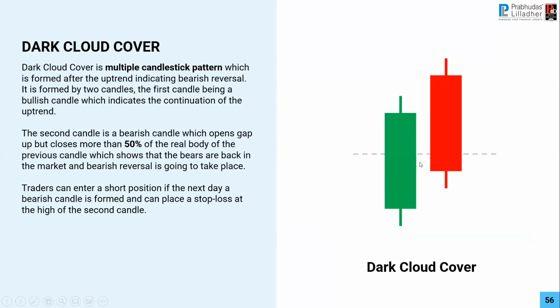So this is exactly what we studied yesterday. The reverse was bullish piercing, and the dark cloud is also called a bearish piercing, and that is where the retracement takes more than 50% of the previous candle, and this is an indication of the possibility of the end of the bull run.